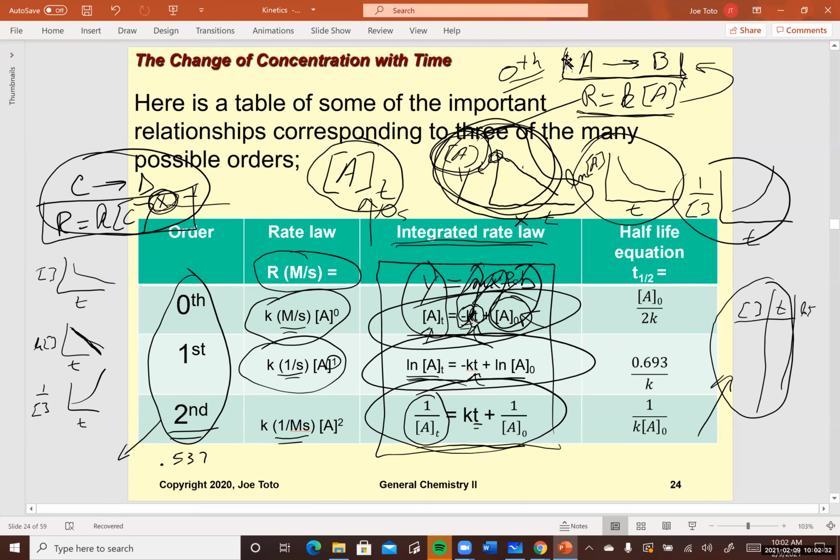So what they're asking you to do is make plots. Make these 3 plots, because we're going to just assume that for Chem 201, it can be 0th, first, or second order. So you have some experiment where A is going to something, and this is the concentration of A and how it changes in time. So what you're going to do is make these different plots up here and see which one comes out linear.